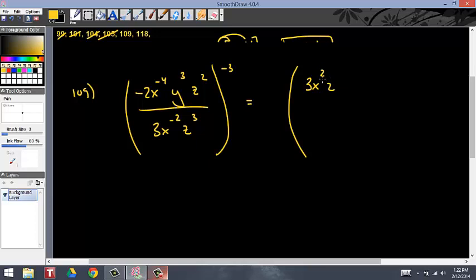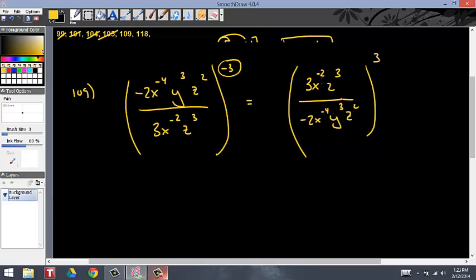What type of exponent does x have? It's still got to be negative because it flipped because of the negative 3, not because of itself. So z to the third over negative 2x to the negative fourth, y to the third, z squared. And now that's all being raised to the third power. I like to simplify things on the inside first.